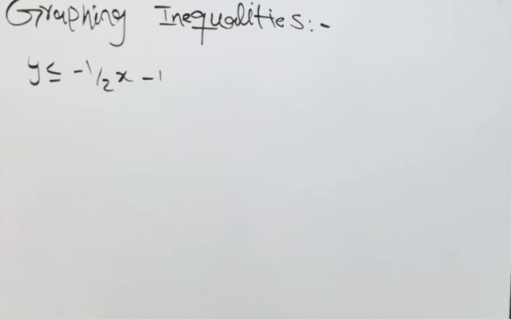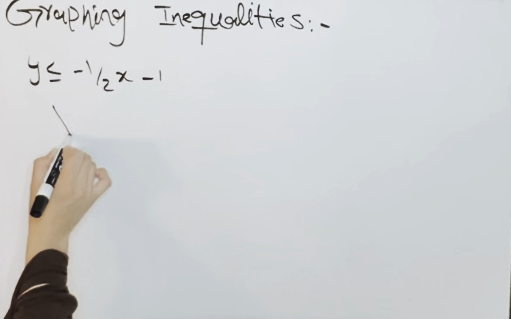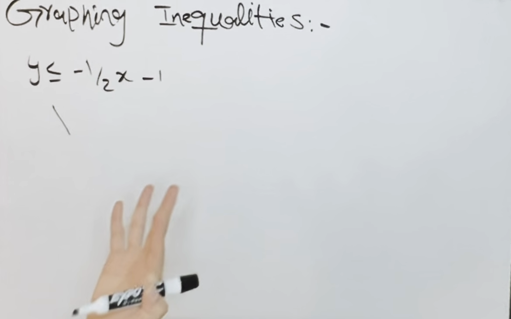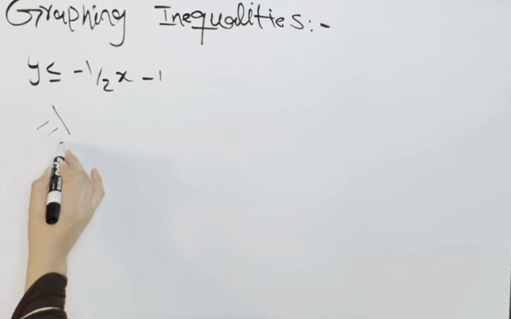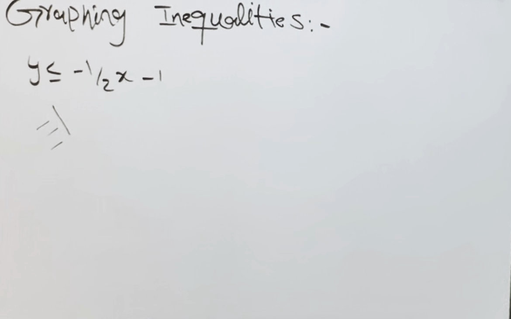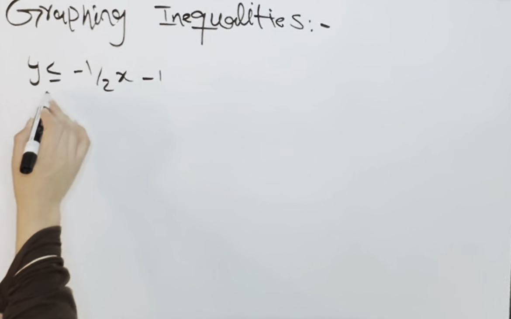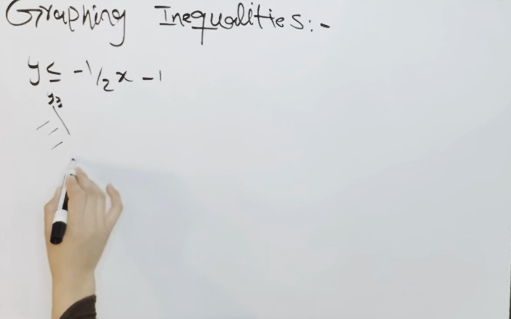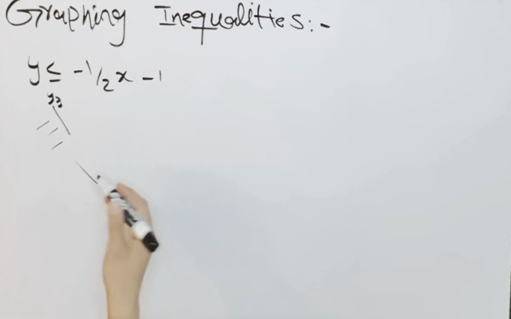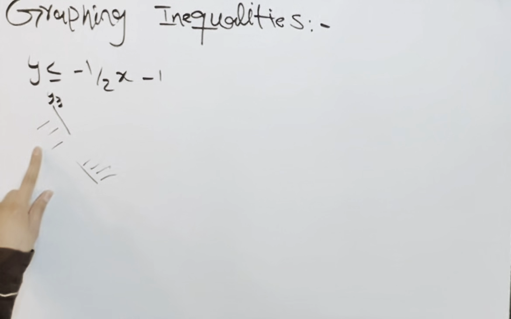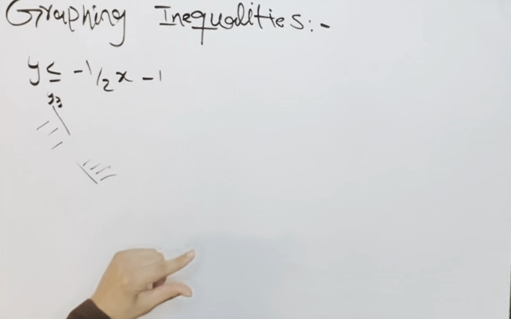Now, when it says less than, we should know that if we're working with a line or with anything else, when it's less than, we're going to shade in the less than part. When it's more than, meaning if it was y more than or equal to, we should shade this part. As you can see, the part that we shade is different, basically the side of the inequality.